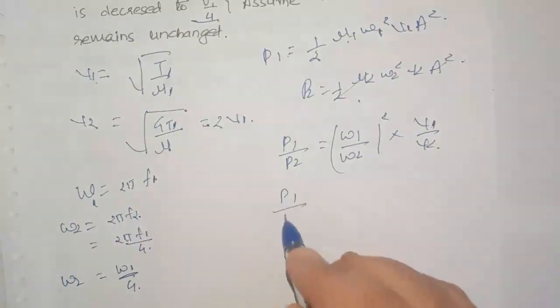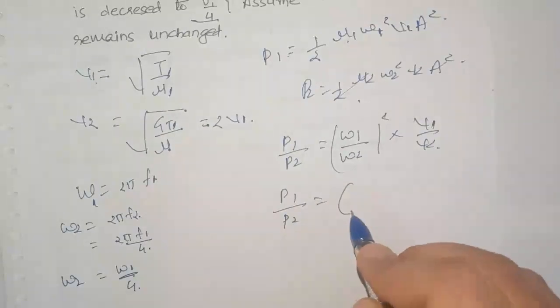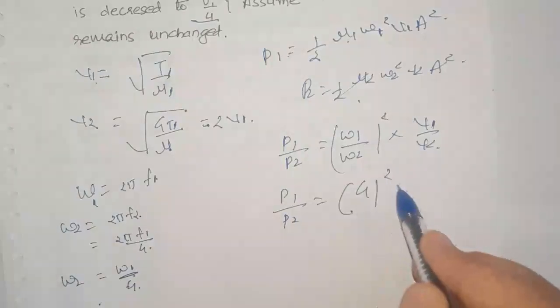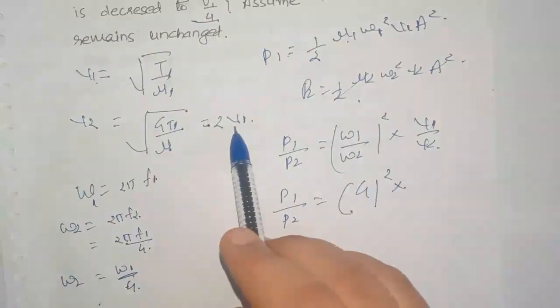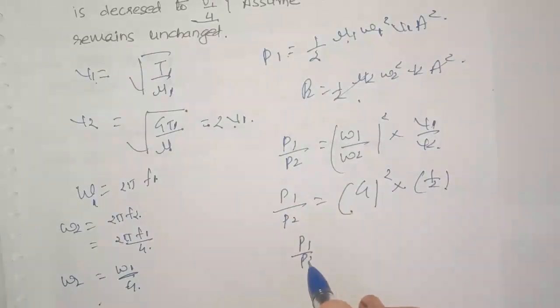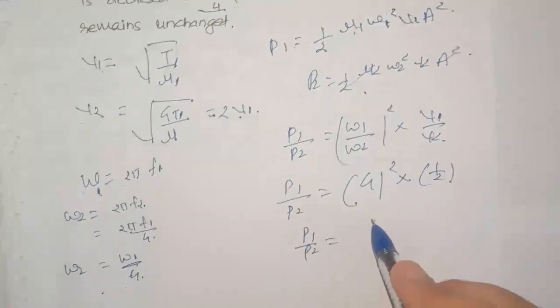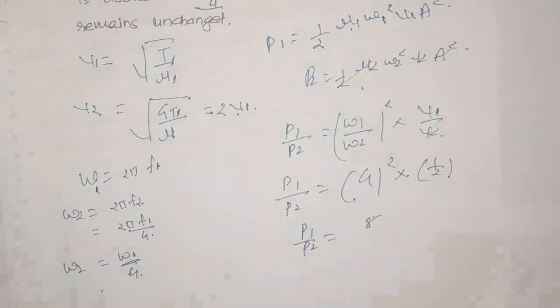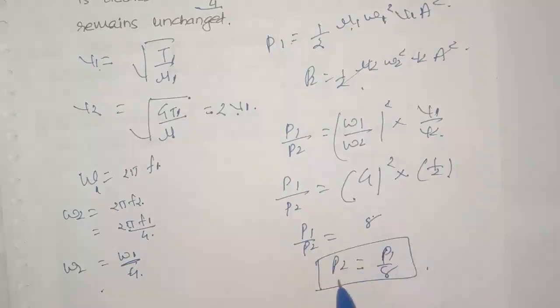So P1 by P2 will be equal to 4 whole square into 1 by 2, so P1 by P2 will be equal to 8. So P2 will be equal to P1 by 8.